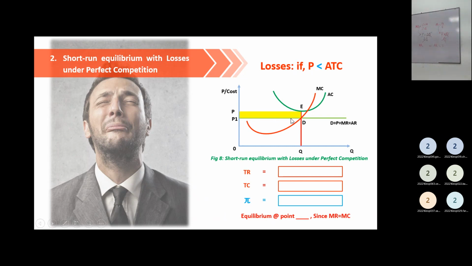You can only recover this much out of your total cost. So this is a loss. Simply it's PE, D, P1.